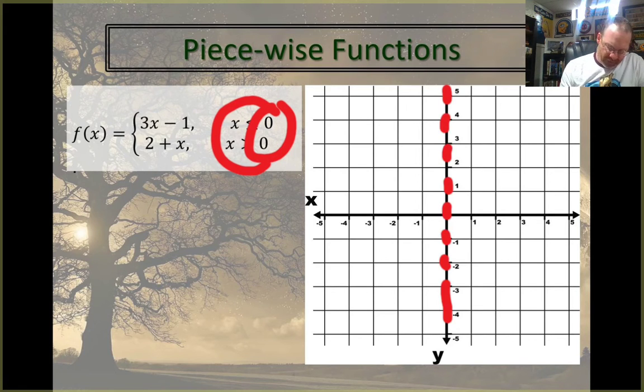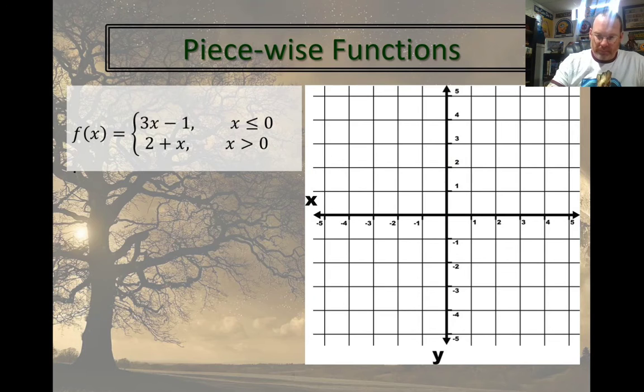Because I know I'm going to have function number 1 on that side and function number 2 on that side. So when x is less than or equal to 0, I'm going to use that first function, and it's going to look like that right there.